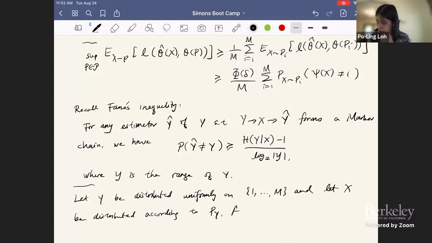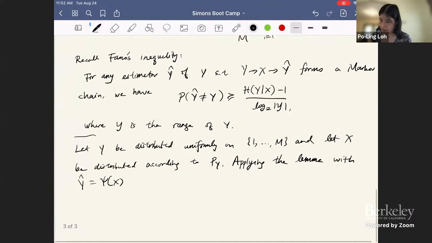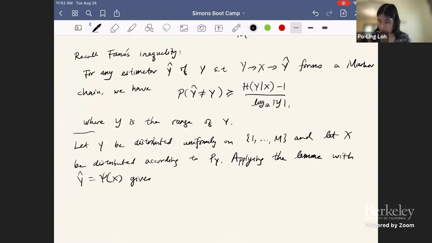So then applying the lemma with y hat equals psi of x gives 1 over m times the sum, i goes from 1 to m, of the probability, x distributed as pi, that psi of x is not equal to i.